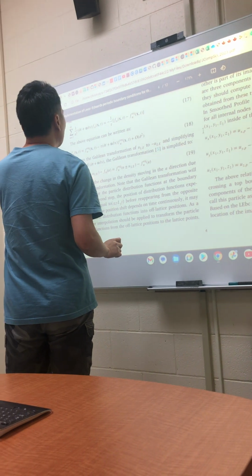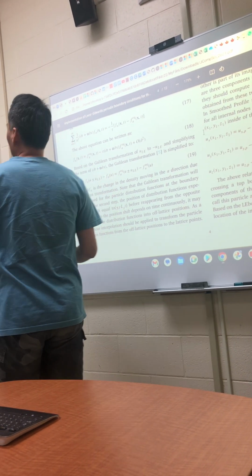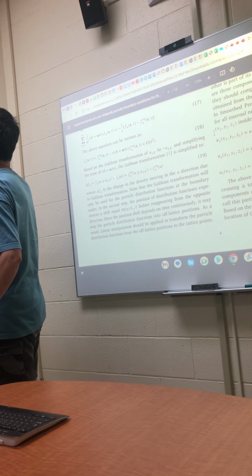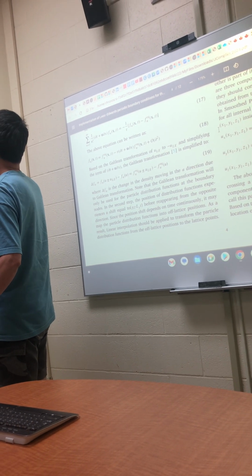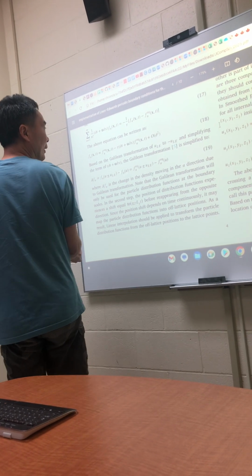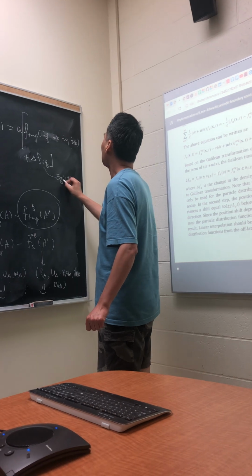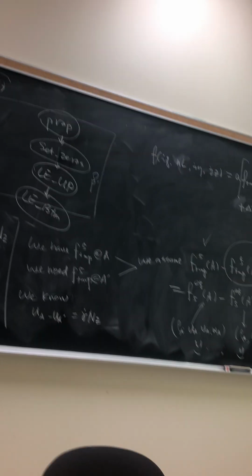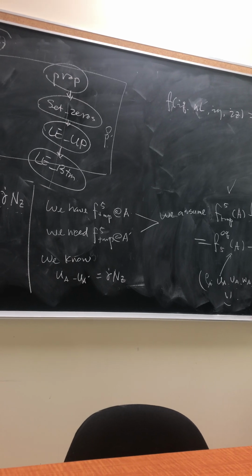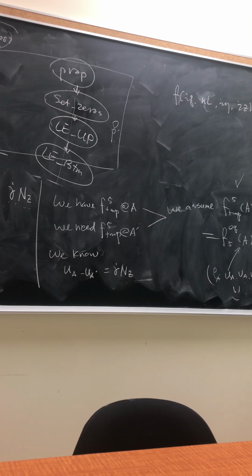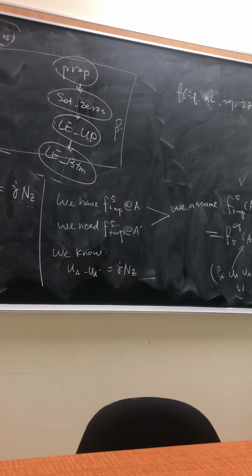This is the new one, this is the original one. So we need the original one plus delta F in the IQ. This is equation 19: the one we need is the original one plus delta F.